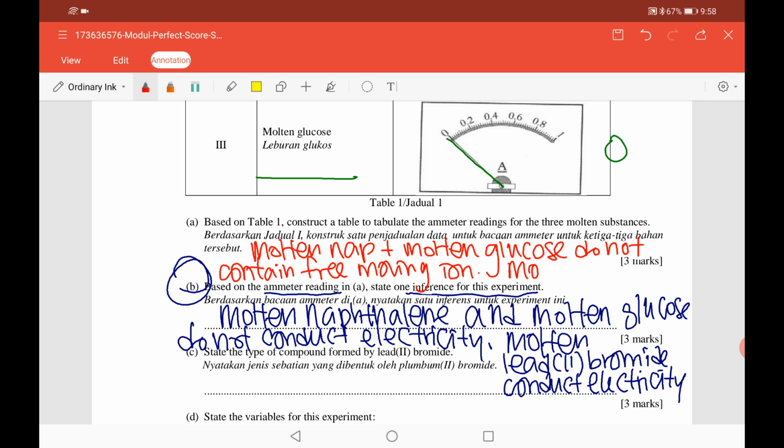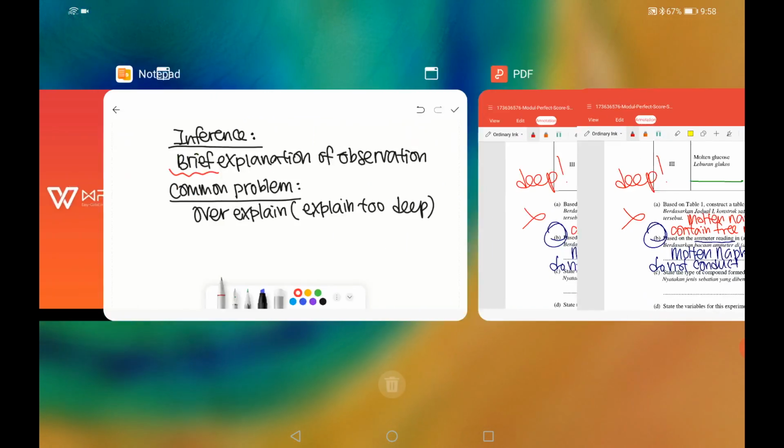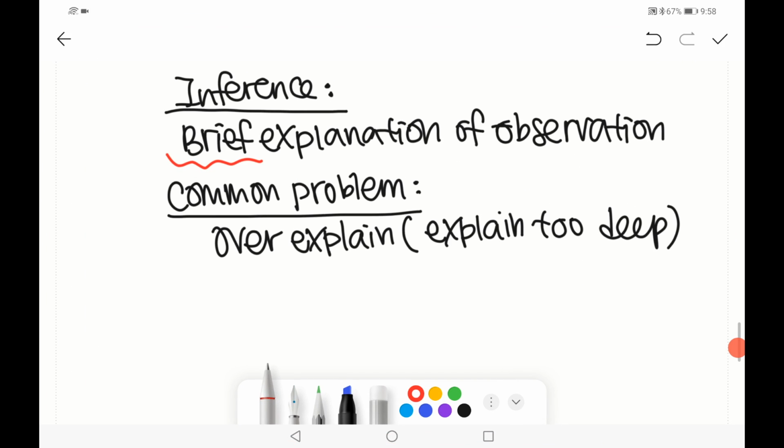So molten lead bromide contains free moving ions. This is what a lot of students will write. Guess what? If you write this, you don't get the mark at all. Why? Because you explain too deep already. So when you come to inference, always remember, the explanation must be brief.